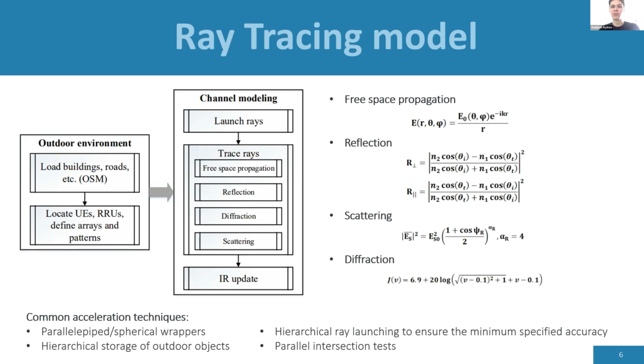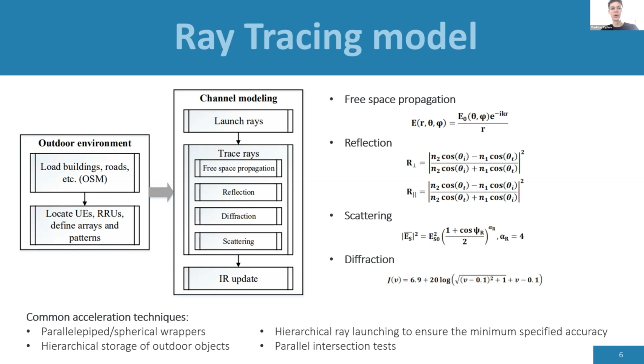Maybe it's important to mention that some scattering models were previously studied, and the single lobe directive model, which is presented with this formula, is chosen for future simulations. Also, diffraction is based on the formula presented in 3GPP to model diffraction.